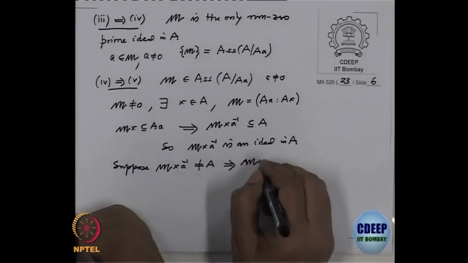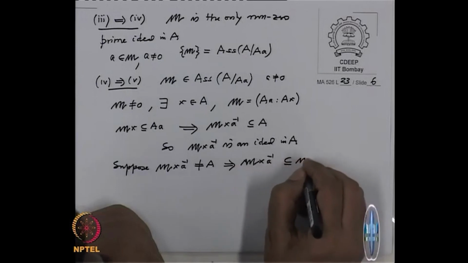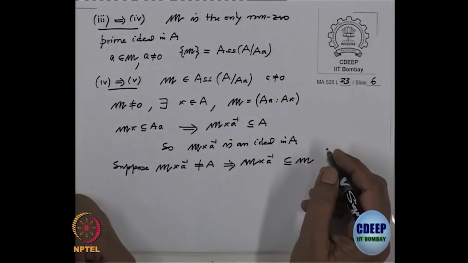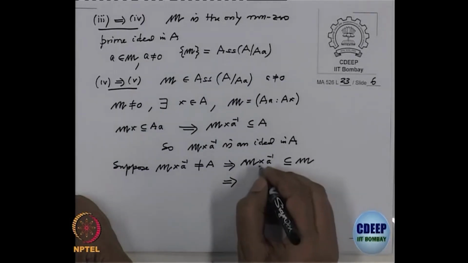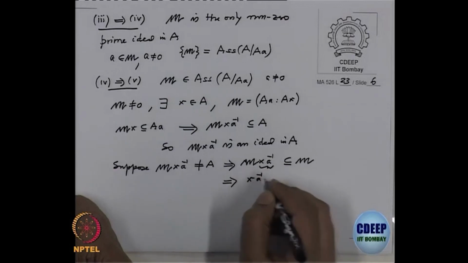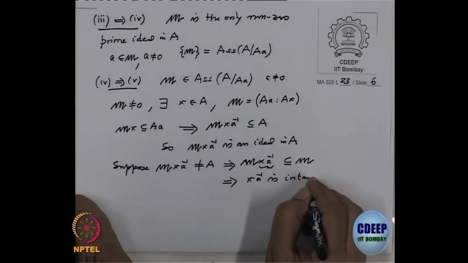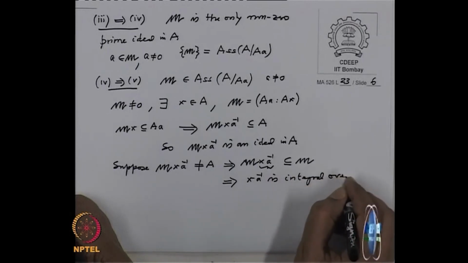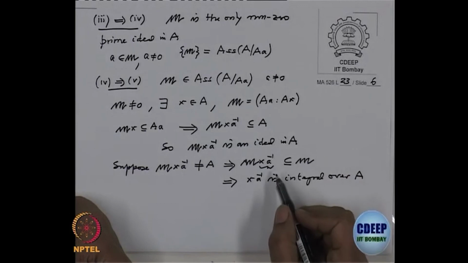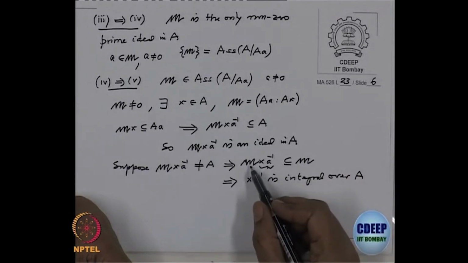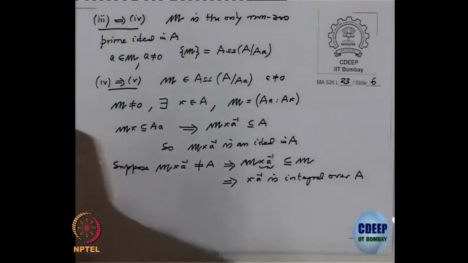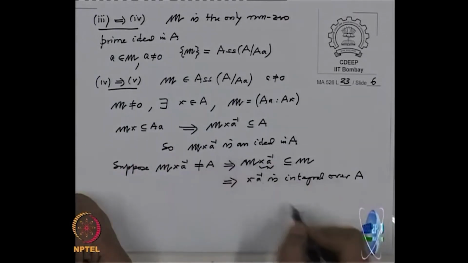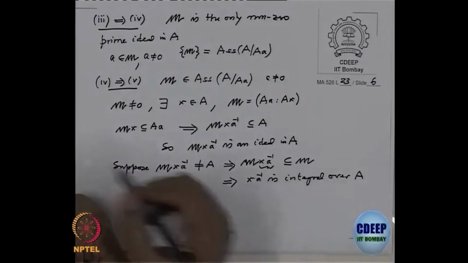Then M x a inverse will be contained in M, but then that means that this element x a inverse is integral over A. That is one of the characterizations for integral elements. If you have a finitely generated module, so that M times that is contained in this, then it is integral. To prove this you use the same Cayley-Hamilton trick.